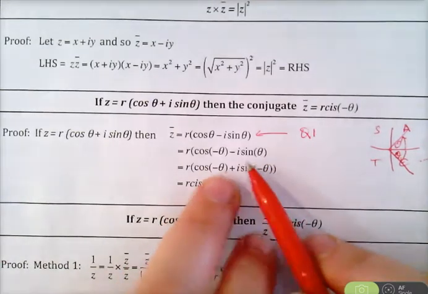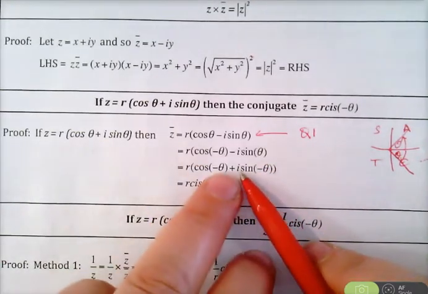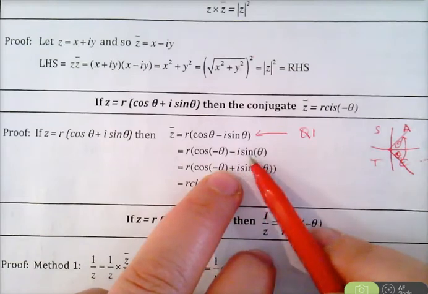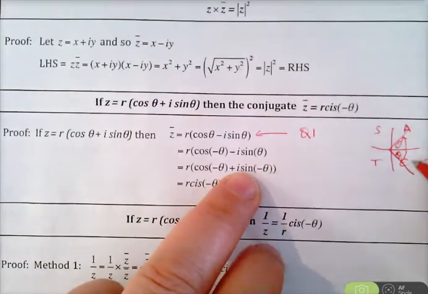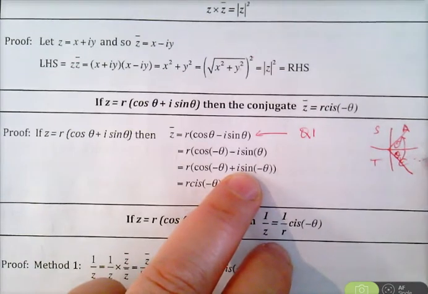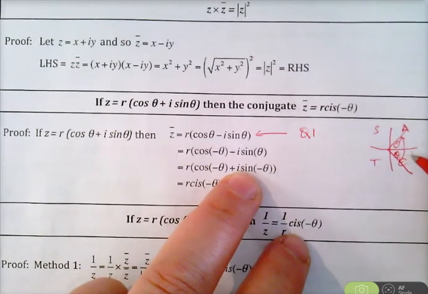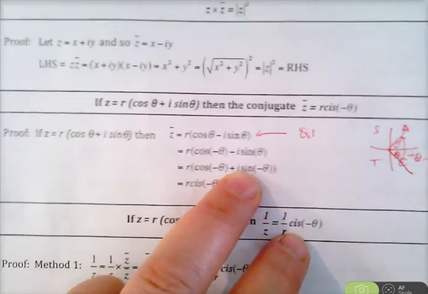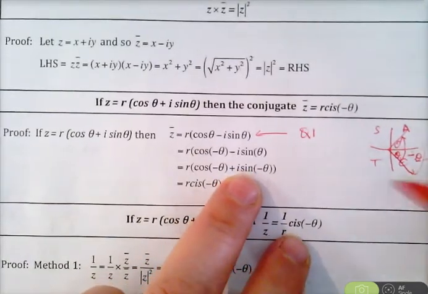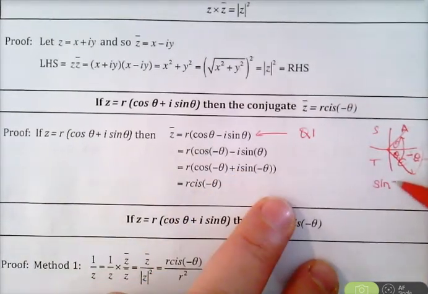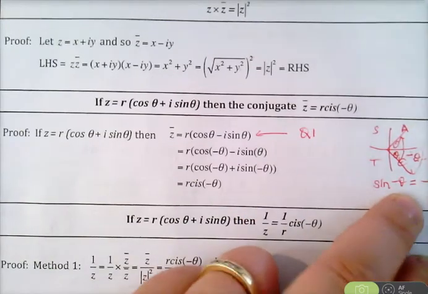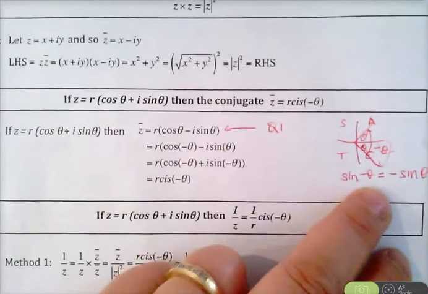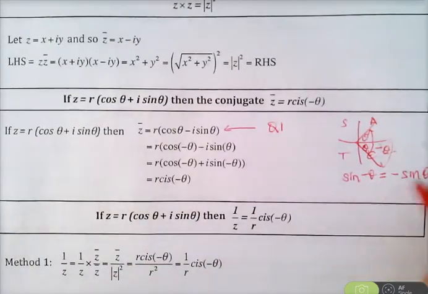Now what we can do here is, if we want minus i times sine of an angle, that's like saying plus i times the sine of that angle in quadrant 4. Because we know the sine of minus theta is the same as the minus of sine theta, because it's a quadrant 4 angle.